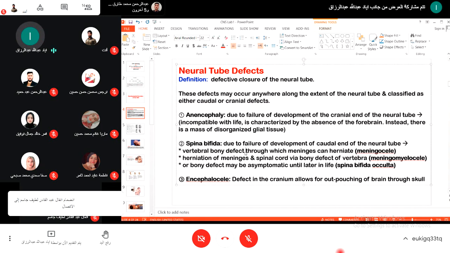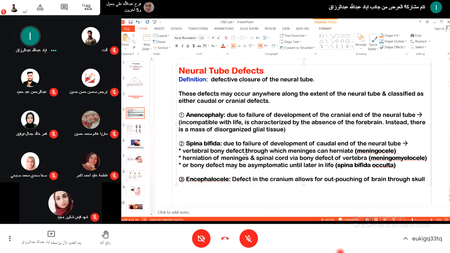There is a bony defect with or without herniation, meaning outpouching, of the meninges, the spinal cord, both or none of them. Now we will see the types of defects under the umbrella of spina bifida.